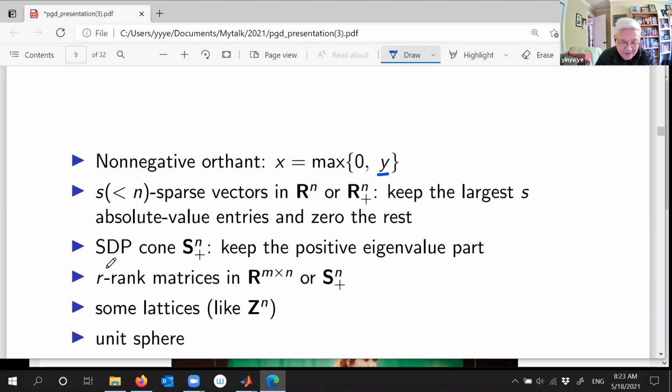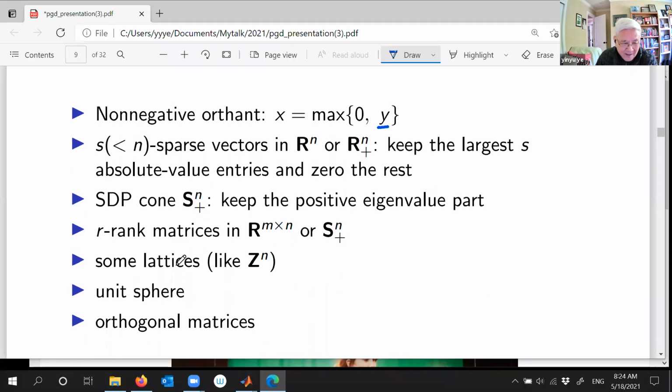All you need to do is find the r largest eigenvalues. If they're all positive, take them as they are and zero out all the rest of the eigenvalues. Or if taking the r largest eigenvalues still gives some negatives, then just zero those out too.